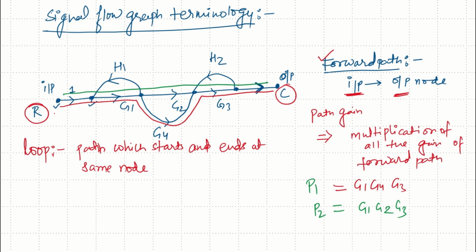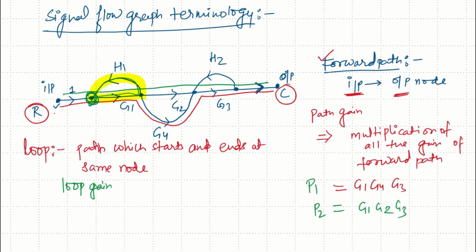So if I take a marker here and represent this path, it starts and ends at the same terminal. If I take this terminal here, it starts here and terminates at this same point. So this is the loop, and I can define the loop gain for this loop.